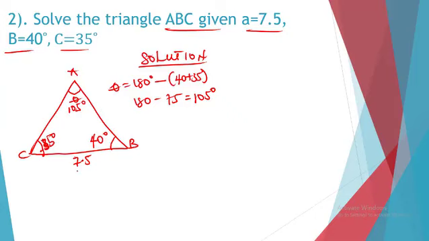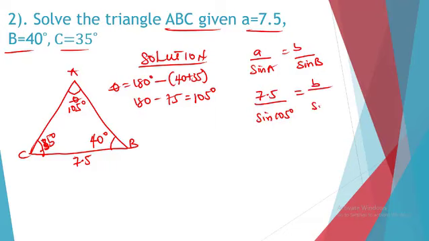Angle at A is now given, side a is given. So to find side b, we use a and b: a over sine A equal to b over sine B. Our side a is 7.5 all over sine 105 degrees, equal to side b, which is not given, all over sine 40 degrees.